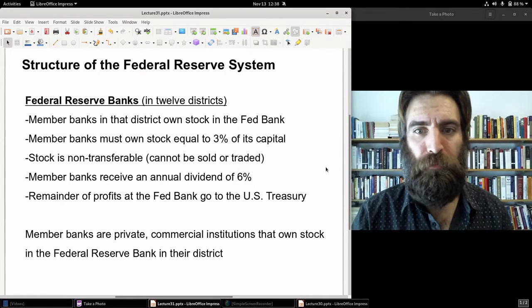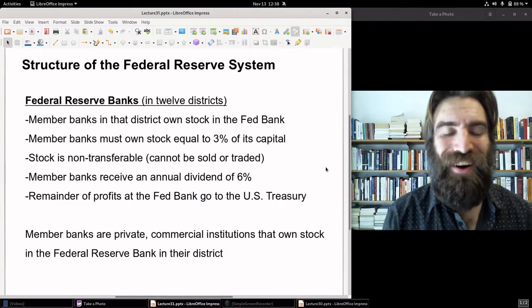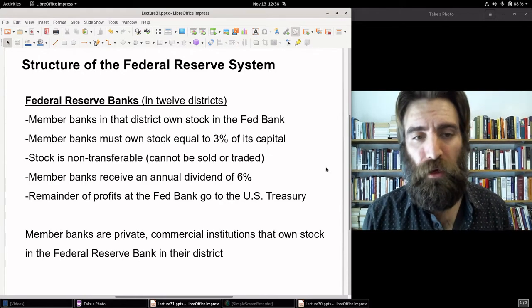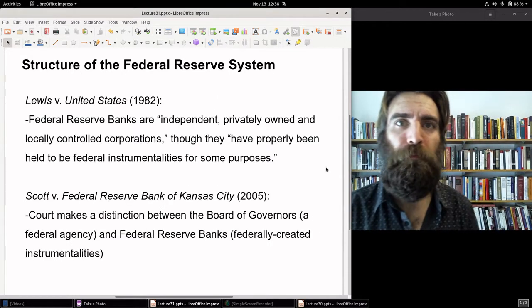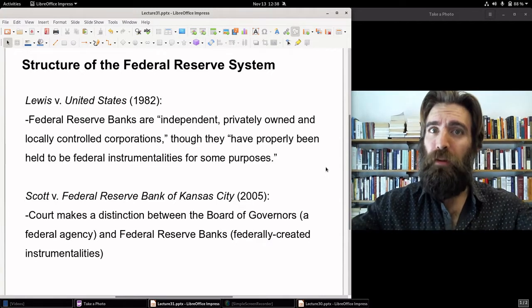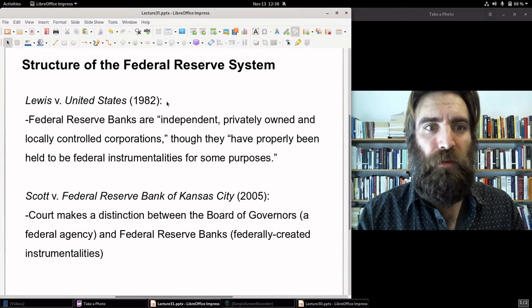Now, what are these banks exactly? Are they private? Are they public? Well, I'll tell you what, they're definitely not public. They're not considered public. In fact, actually, the courts have ruled on the nature of these Federal Reserve banks. Not the Federal Reserve Board, but the Federal Reserve banks. There's a case, Lewis versus the United States in 1982.